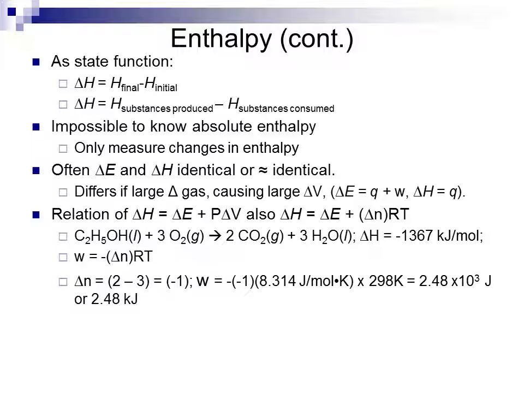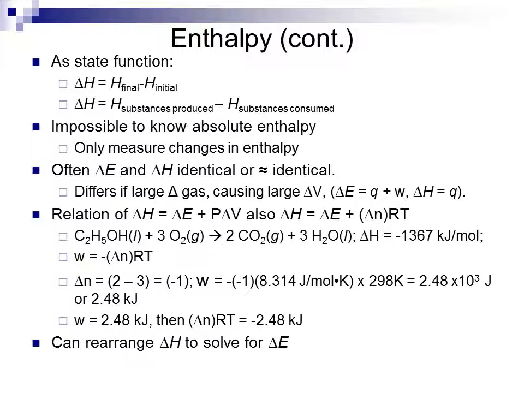So the change in number of moles is 2 final minus 3 initial, or negative 1. Plugging this into the work equation, negative 1 times 8.314 joules per mole Kelvin times 298 Kelvin gives us 2.48 times 10 to the third joules, or 2.48 kilojoules of energy as our work component. If the work component is 2.48 kilojoules, then the positive delta N RT, or negative work, is negative 2.48 kilojoules.